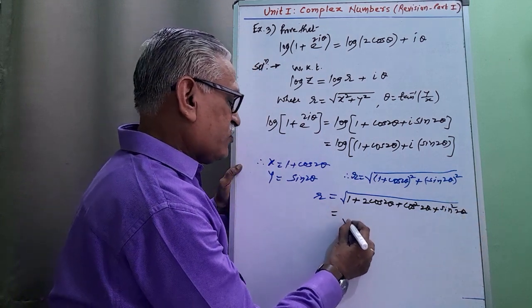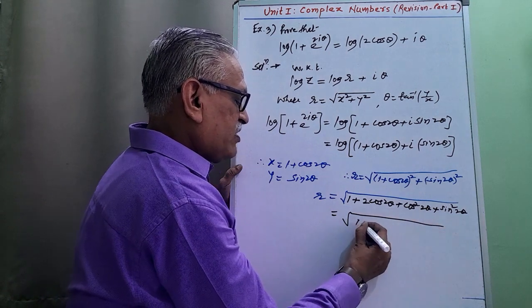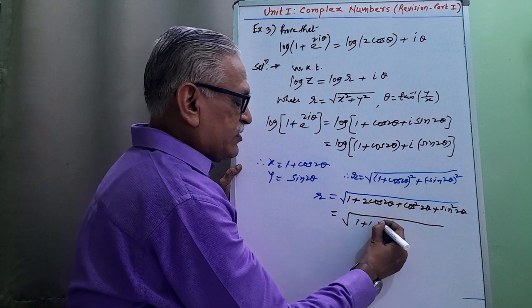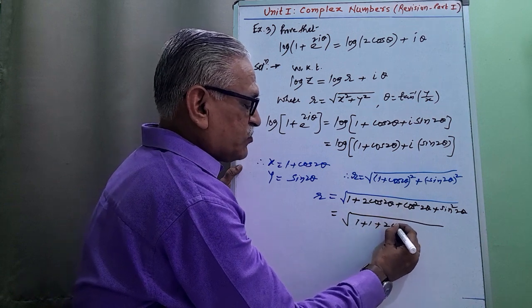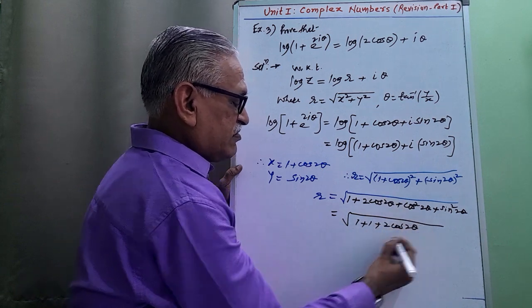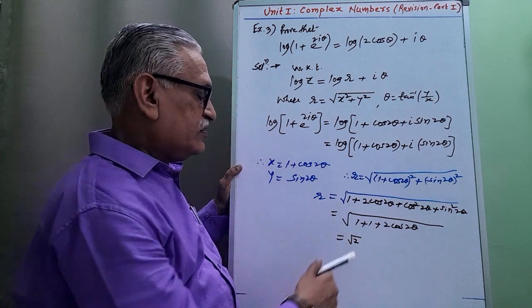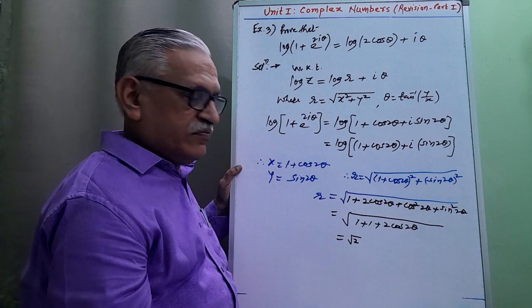We get square root of 1, sin square plus cos square again 1, and plus 2 cos of 2θ. It is root 2. We can take 2 common.